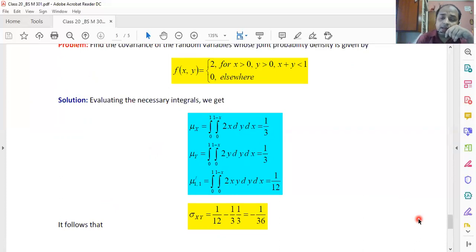So you be very careful while you study the book. For example, in one of the pages I have observed that mu suffix capital X has been written as mu into capital X, which has no meaning at all. So if you have this hard copy, while you study, be a little careful. Whoever has modified it, has done it wrong.